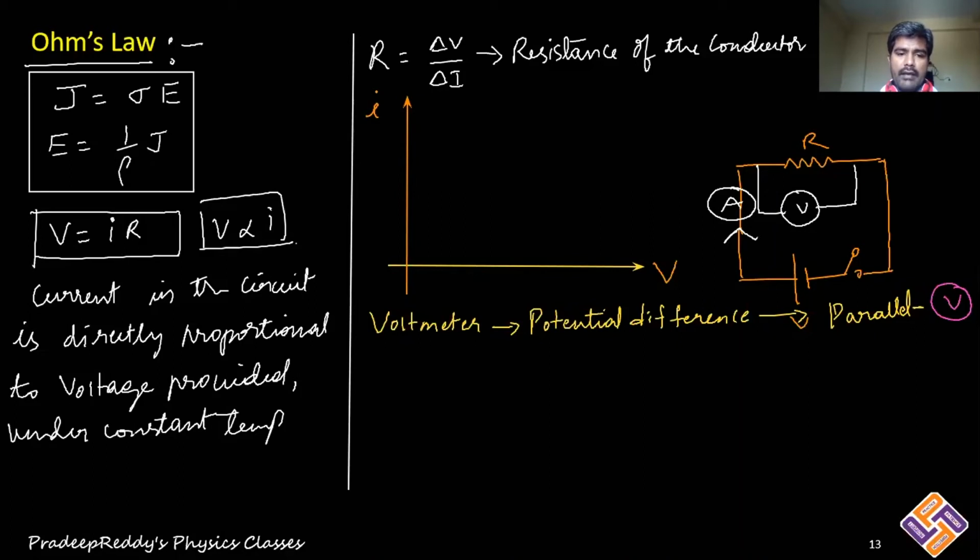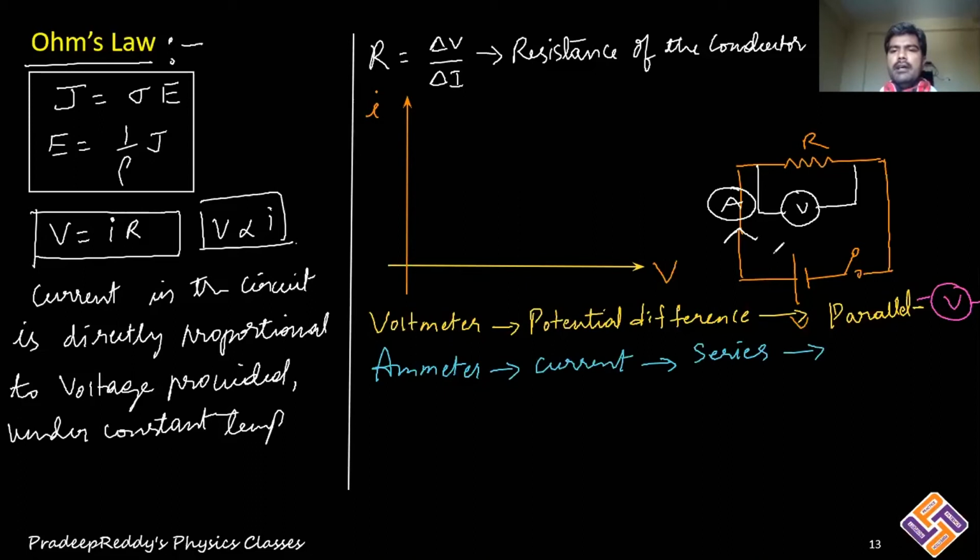Similarly, you have the ammeter. An ammeter is a device which measures current in the circuit. Current should be measured by an ammeter, and definitely it should be connected in series, because you need to place the ammeter in the path of the current.